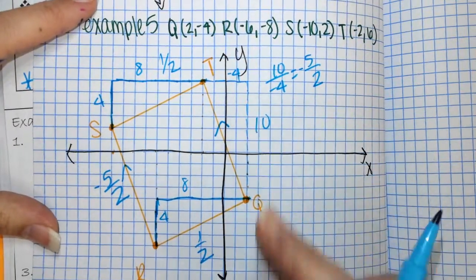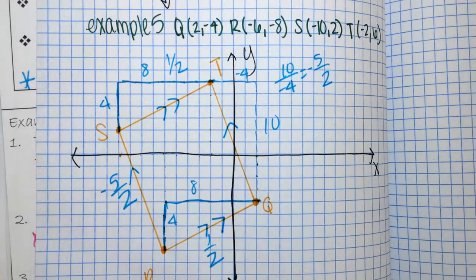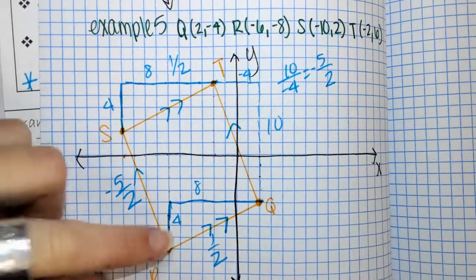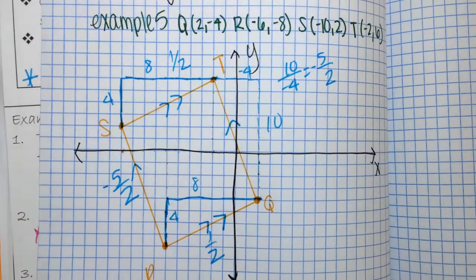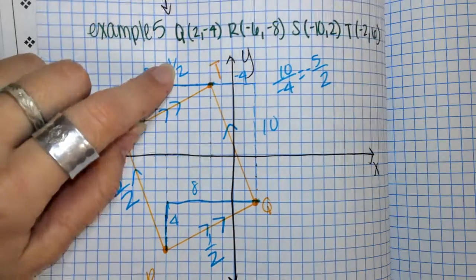Okay, so we know the opposite sides are parallel, correct? Do we know if they're congruent? No. I don't think that RS and ST are congruent. What do you guys think? No. Just kind of look at it. Alright, do they intersect at a 90-degree angle? No. They would have to be opposite reciprocals to intersect at a 90-degree angle, so this would have to be 2/5.